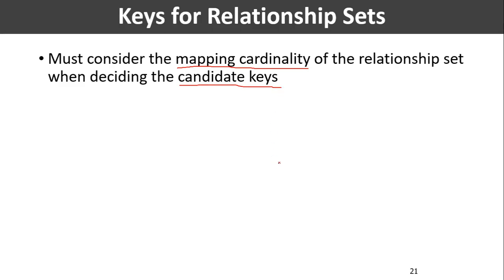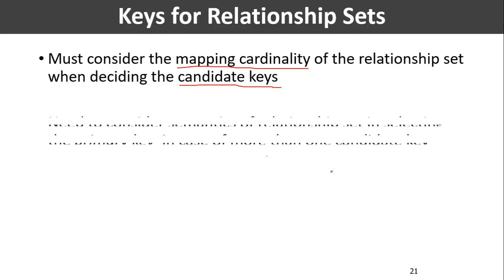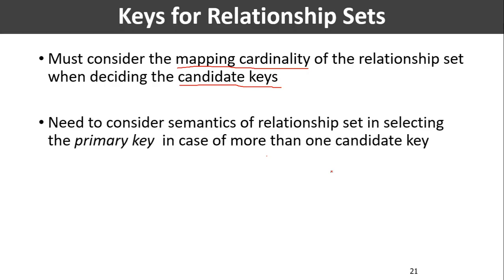And also, if we would like to find out the primary key for the relationship set, then we need to consider the semantics of the relationship set. What do we mean by that? As I mentioned, we may have more than one candidate key for relationship sets also.